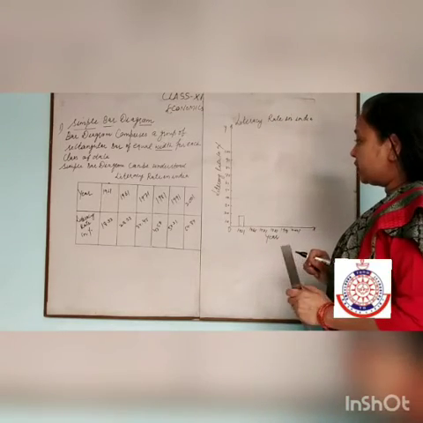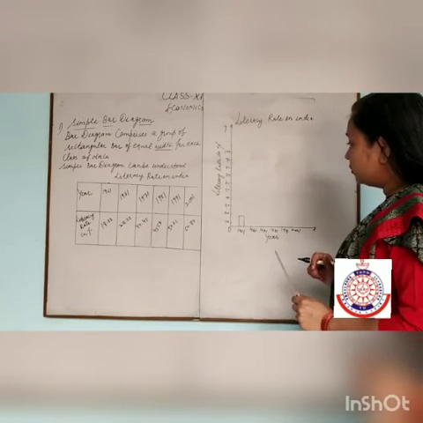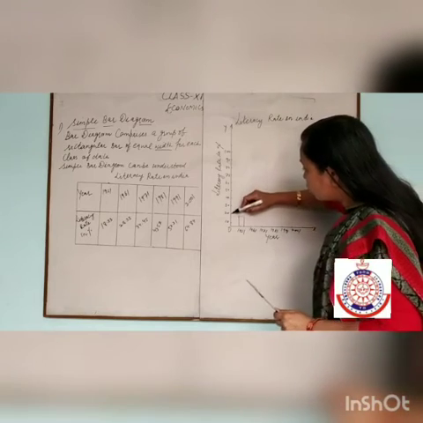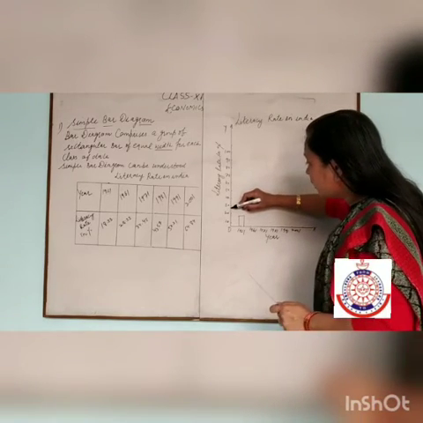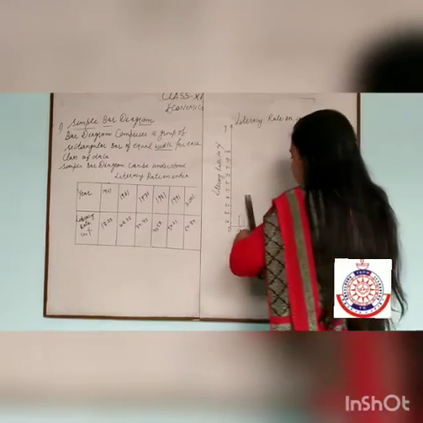After that 1961, 28.33. 28, this is 20, this is 25, this is 28.33.